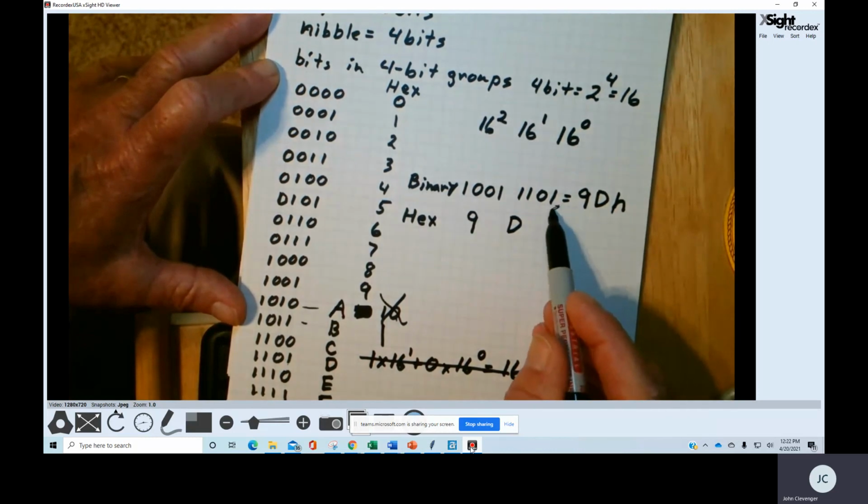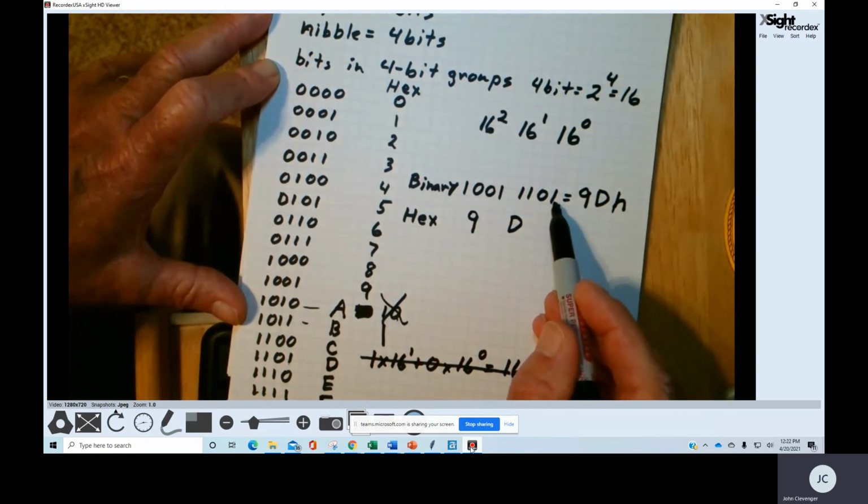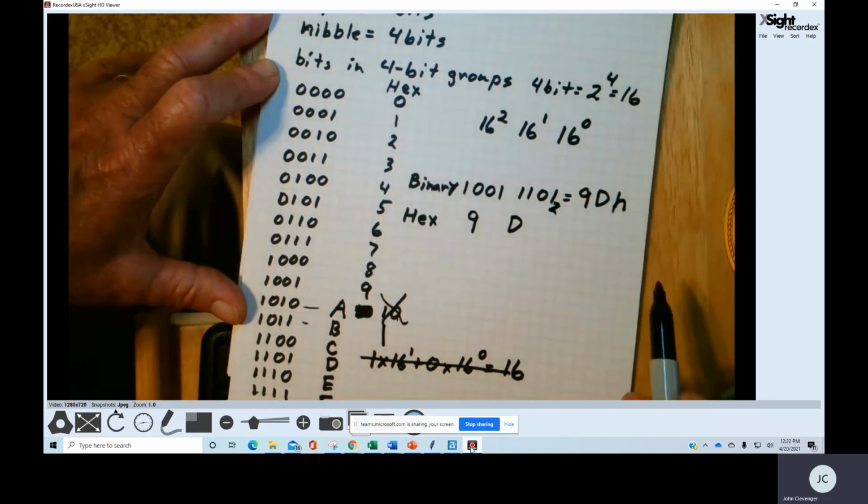We don't put a 2 here for binary. We could, but the 2 is just implied.